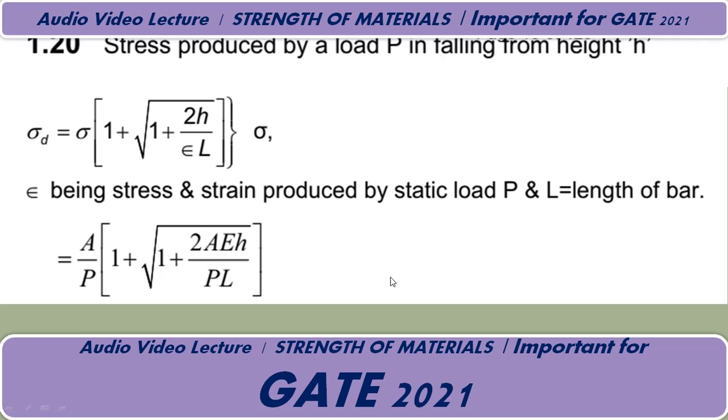So h is the height, A is the area, P is the load force, L is the length, and E is the modulus of elasticity of that material.